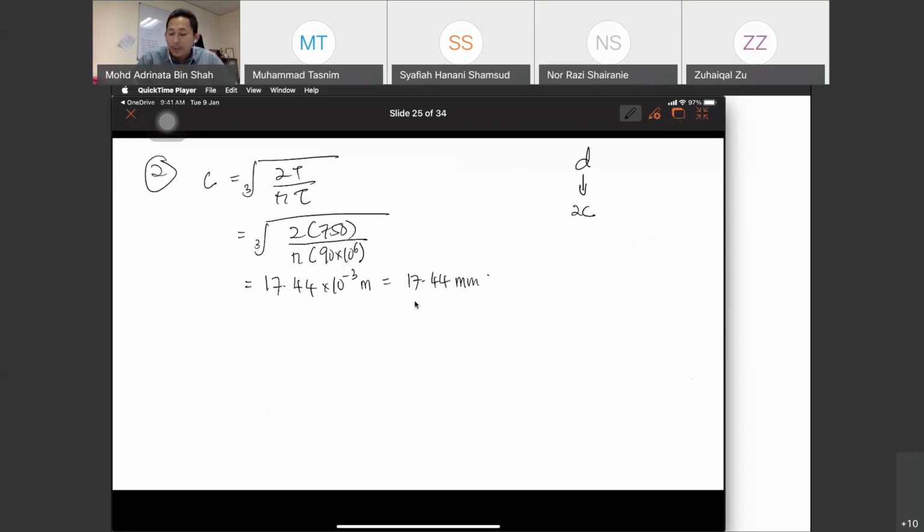The first one is using the maximum angle of twist, and then you have your tau maximum.